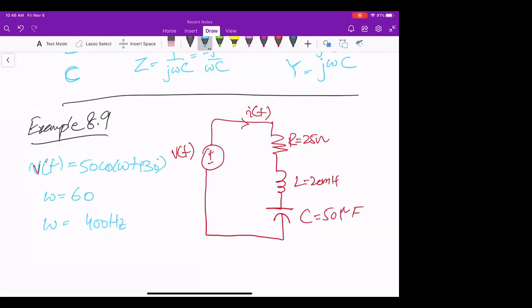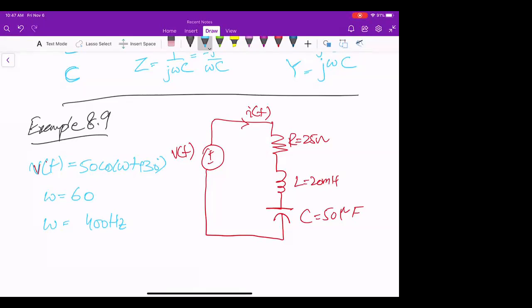So when you change the frequency, what will be its effect on your circuit? First, we cannot deal with an AC circuit in terms of R, L, and C, because just like before, we define the relationship in terms of impedance. So we have to convert all of them into impedance form.